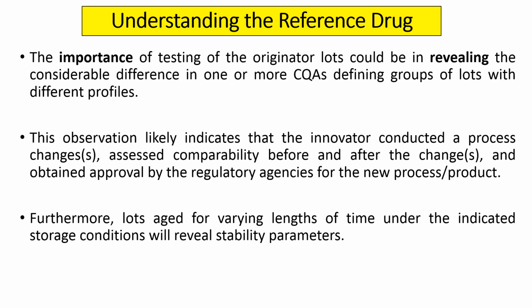So why is it important to test the originator lots? The importance of testing the originator lots is in revealing considerable differences in one or more CQAs, defining groups of lots with different profiles. So this is important. Why? Because it indicates that the innovator conducted a process change.